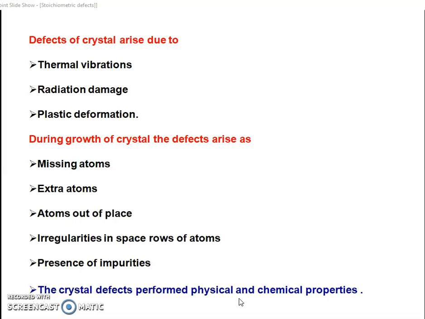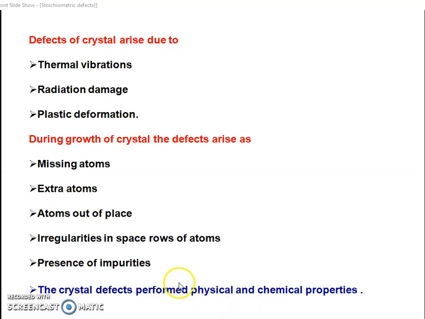There are various ways to study crystal defects. They can be stoichiometric crystals and non-stoichiometric crystals. They may be studied by considering the site or dimensions in which they occur, and classified accordingly as different types of defects found in crystals.